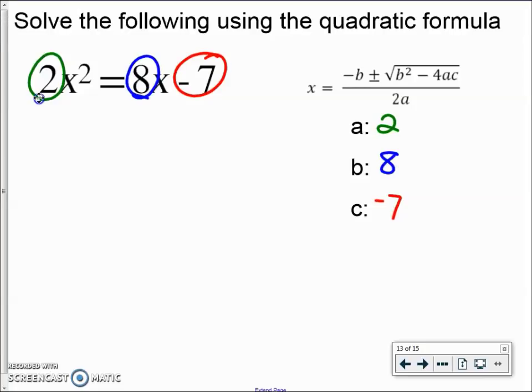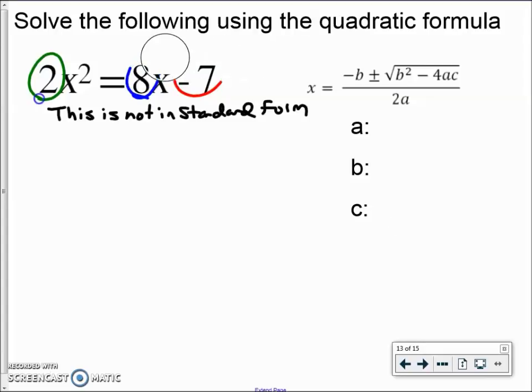And this would be incorrect because this is not in standard form. So none of this is right. So I have to get these values into standard form. So we're going to redo this and erase all this, and we are going to rewrite this in standard form.